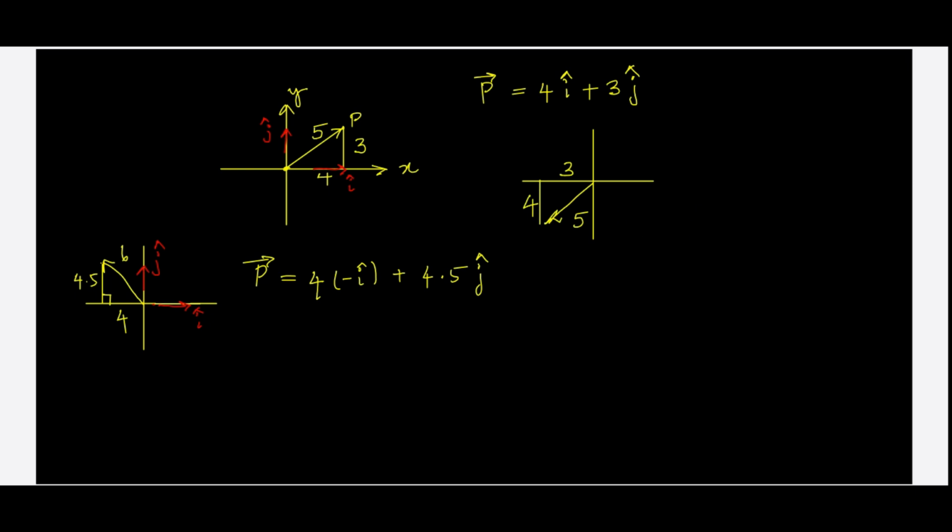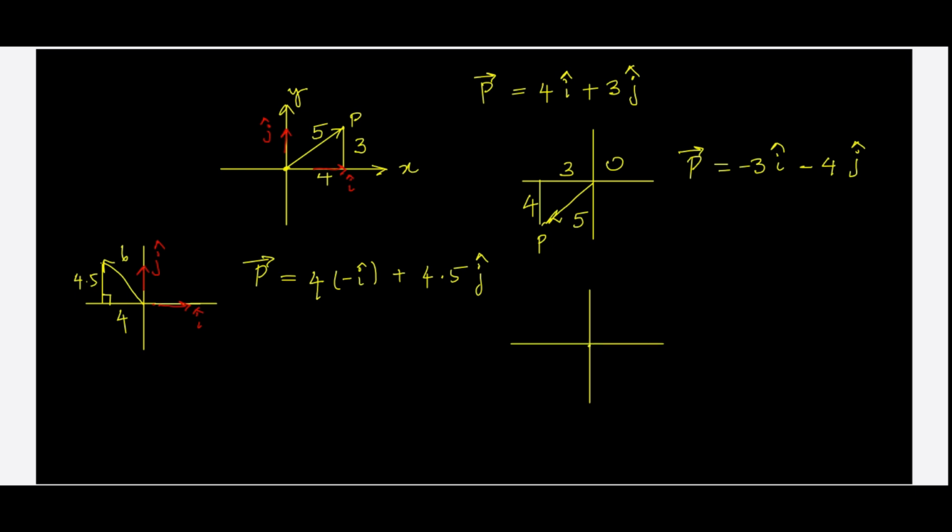So in this case, this is your O, this is your P. So here your P vector is minus 3 i cap, or 3 times minus i cap, minus 4 j cap. So i and j are in the positive x and positive y directions. That is how we have defined them.